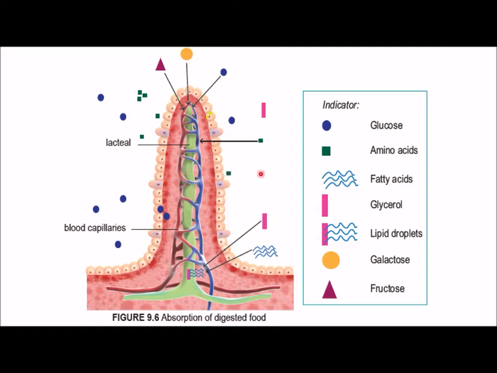The lipid-soluble nutrients such as fatty acid, glycerol, vitamin A, D, E, and K will be diffused through the epithelial cell and absorbed into the lacteal. Lacteal is a part of the lymphatic system, and both lymphatic system and blood circulatory system are involved in transporting all the nutrients to the whole body.